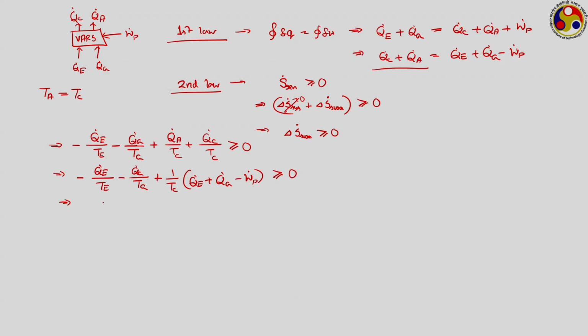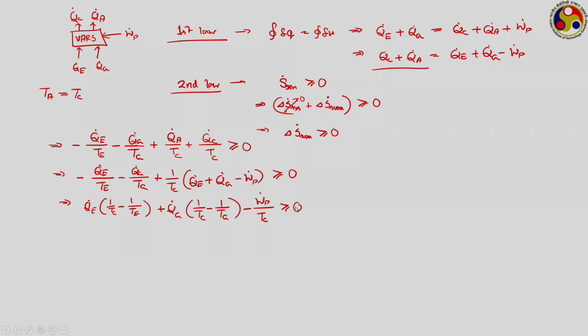Or combining Q dot E together, 1 by Tc minus 1 by Te plus Q dot, sorry, I should have written Q dot G here. So, Q dot G is 1 by Tc minus 1 by Tg minus W dot P upon Tc greater or equal to 0.